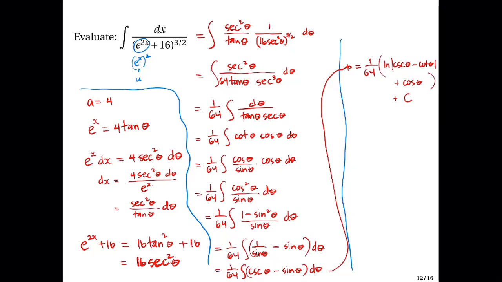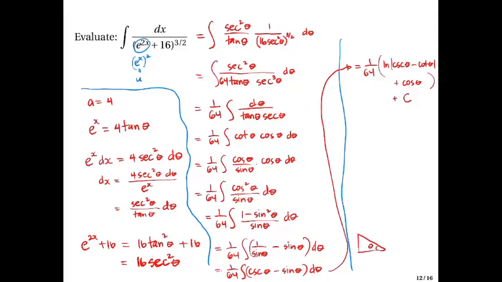And then from here, you have e to the x equals 4 tangent theta. We need cotangent theta. That's easy to find. We also need cosecant theta and cosine theta. Okay? So if we do that, let me just put the right triangle in here. This is our theta.